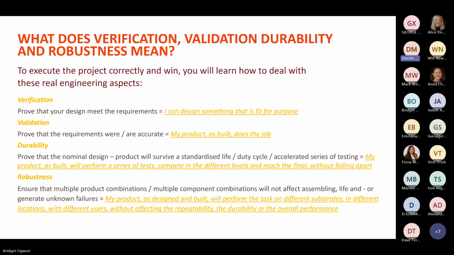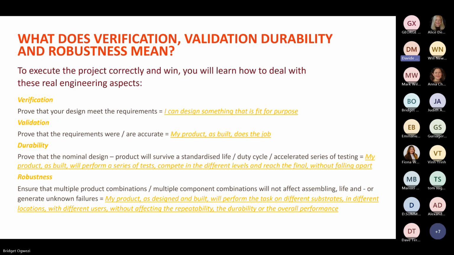Validation proves that the requirements were met and were accurate. So when I build my product and we start to have the physical phase, my product does the job that was specified. Something sometimes a little overlooked is the difference between durability and robustness. Durability: you know that your product needs to do missions, so at least a regional final, composed of a number of runs, and then eventually a national final, also composed of a number of runs.